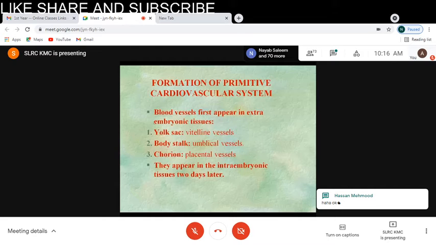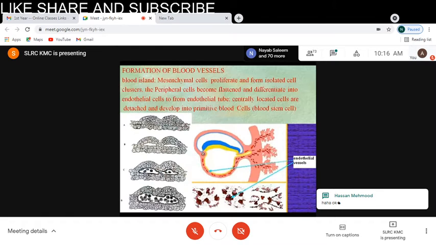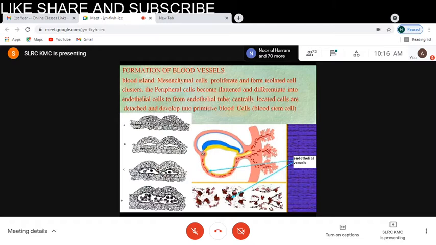Next. Now this figure shows how the blood vessels are formed. If you concentrate on this black and white figure labeled as A, B, C, and D, you will see that the first step is the proliferation of the mesenchymal cells, which are destined to form blood vessels, and they form aggregates of cells, and these are called the blood islands or blood clusters.